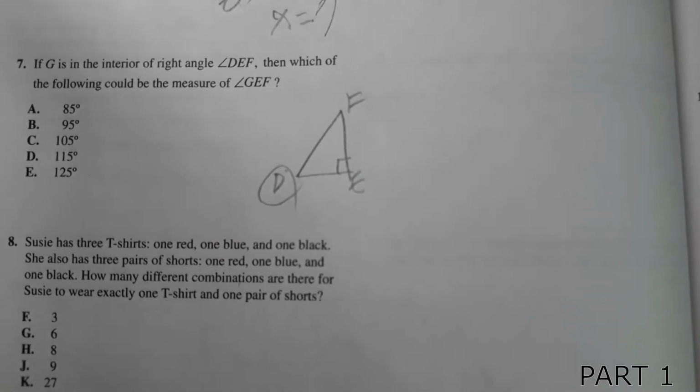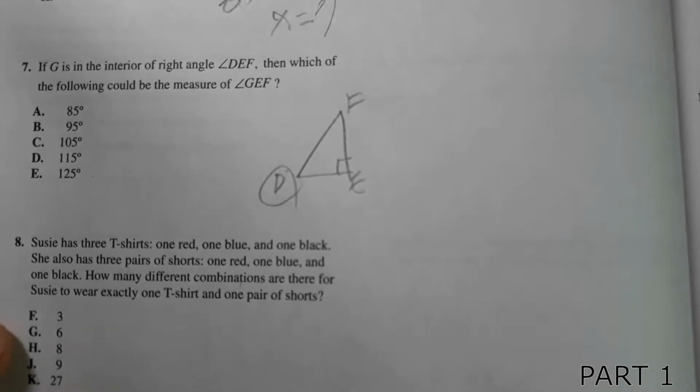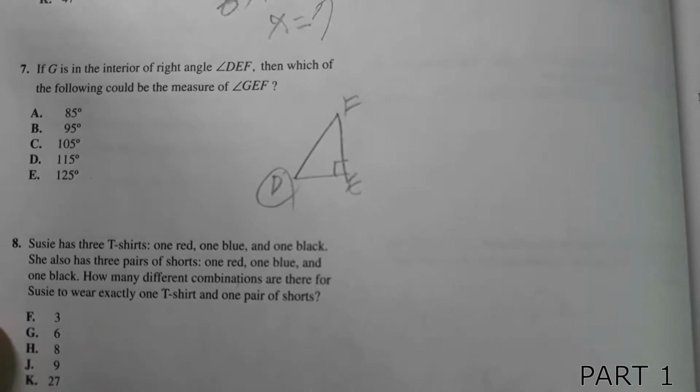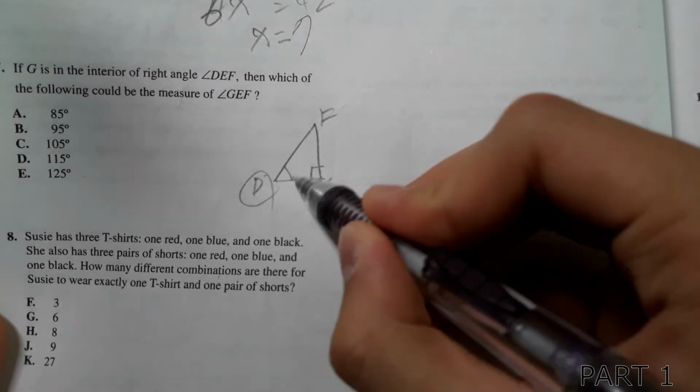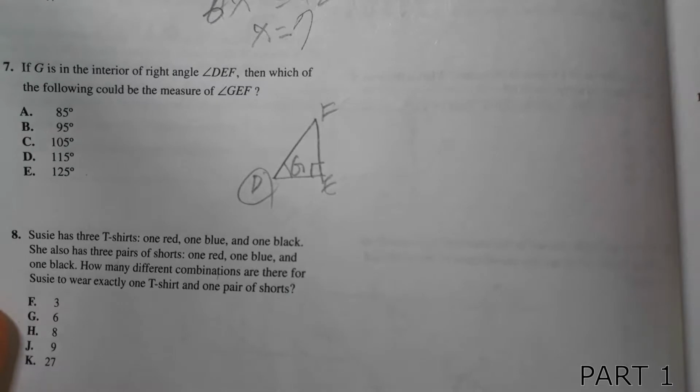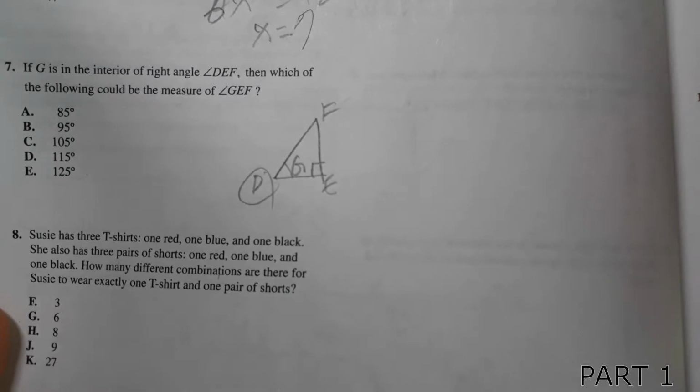Oh, I think I almost got this question. So if G is the interior of right angle, so angle G, then which of the following could be a measure of GEF?